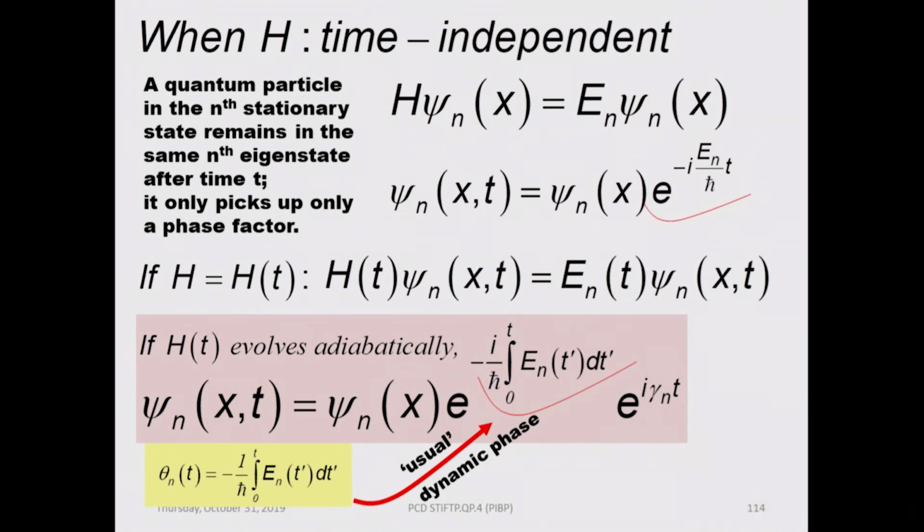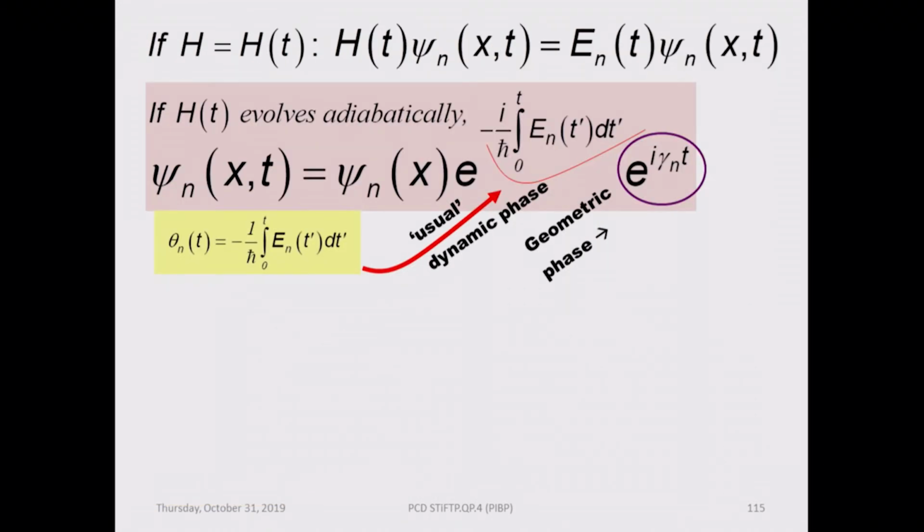So you have got the usual dynamical phase that you considered, and now you have another phase which is the geometric phase, which is coming from this parametric variation of the Hamiltonian.